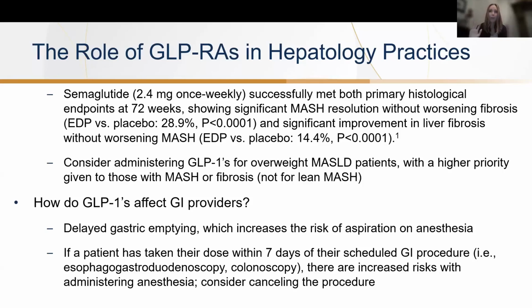We also had to put a sheet up in our exam rooms, because sometimes these drugs are not listed on their meds. I've seen patients obtain these medications in unconventional ways. So it's just important that that is listed and that patients are telling you everything that they are on.